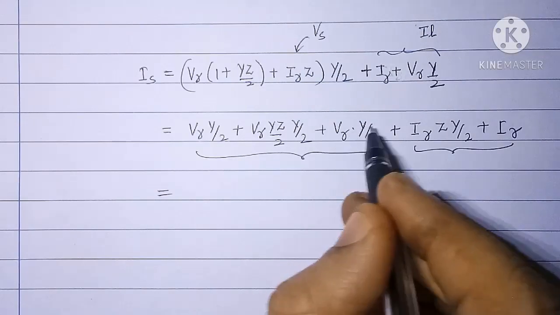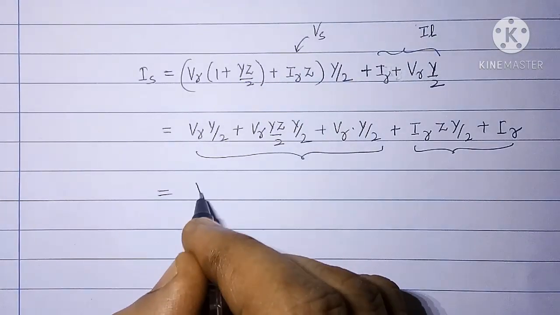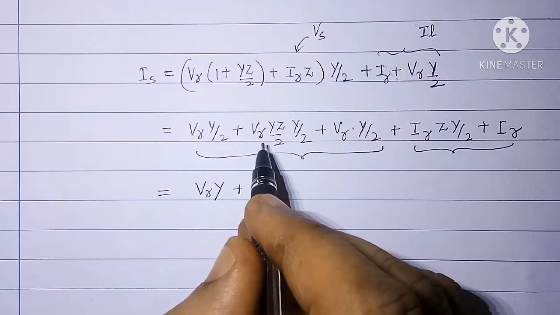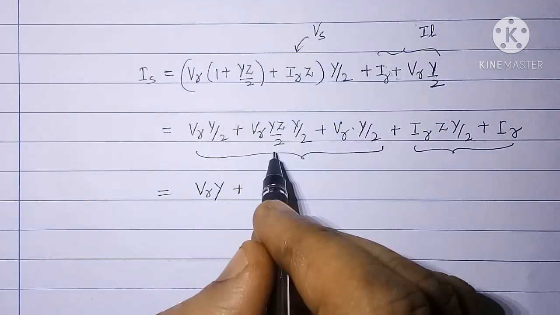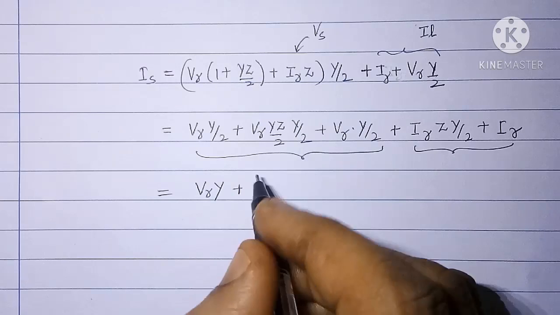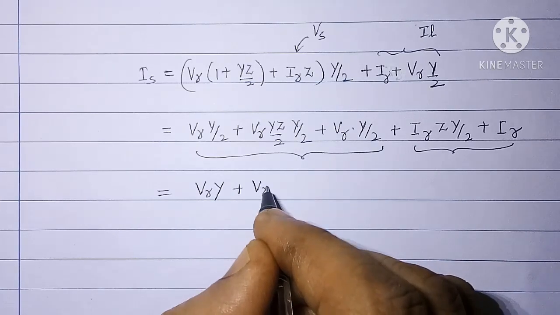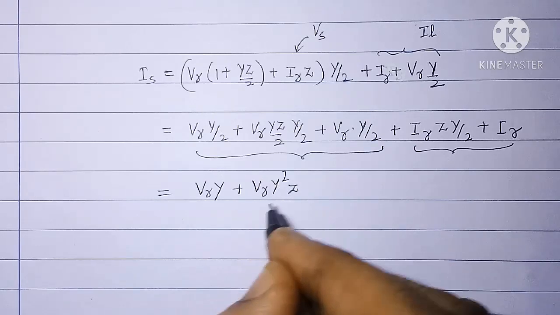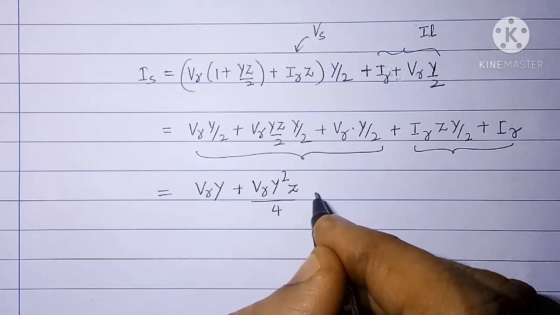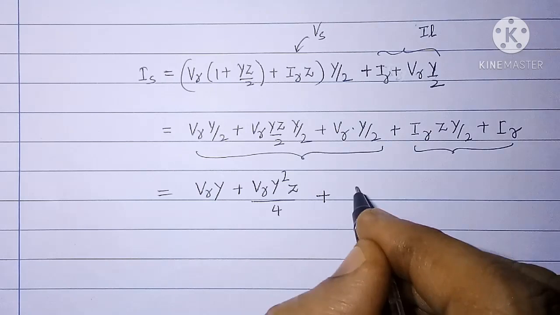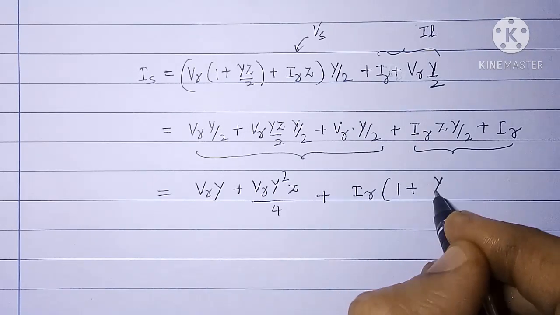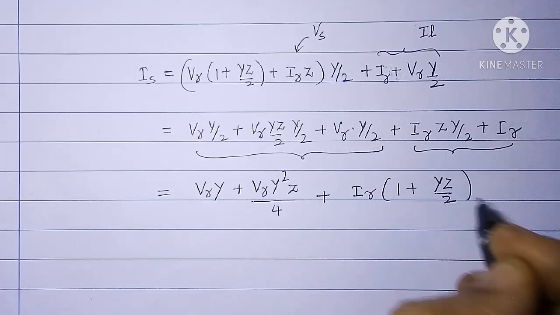VR Y by 2 plus VR Y by 2 will become VR into Y, plus VR into YZ by 2 into Y by 2. It will become VR into Y square Z by 4 plus IR into the bracket 1 plus YZ by 2 we get.